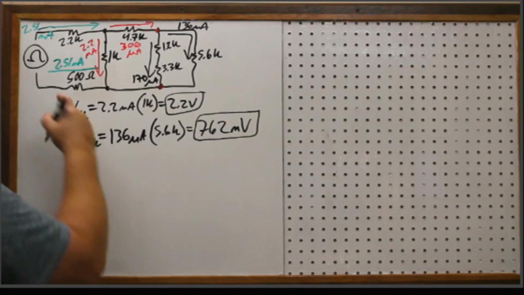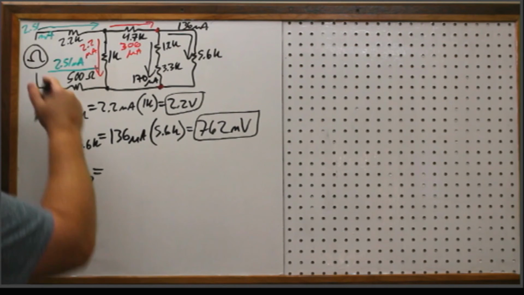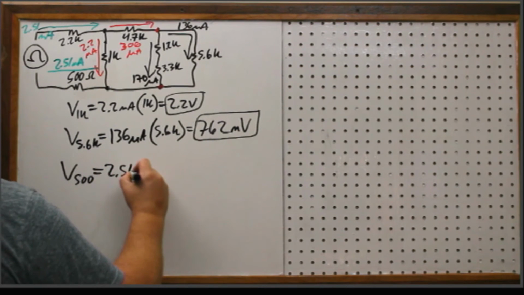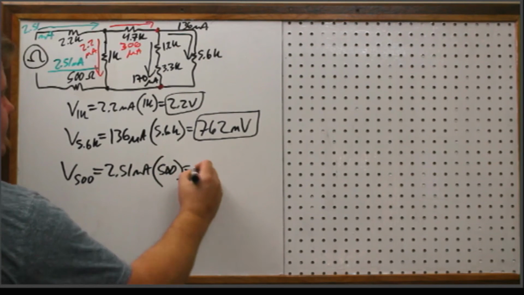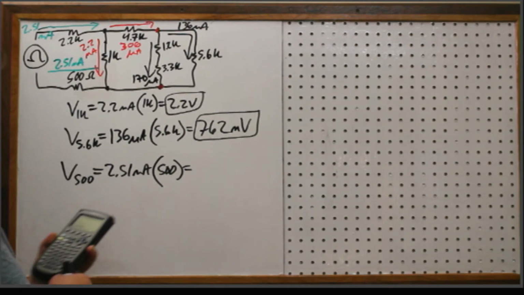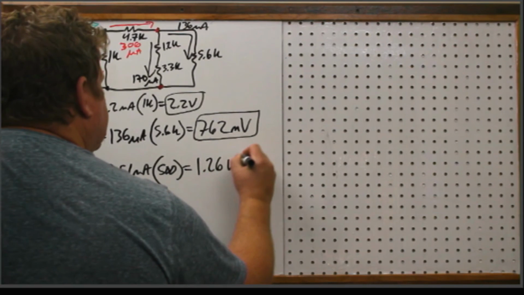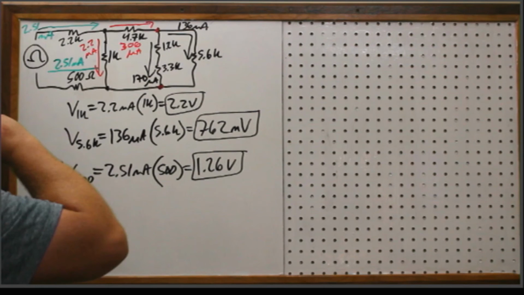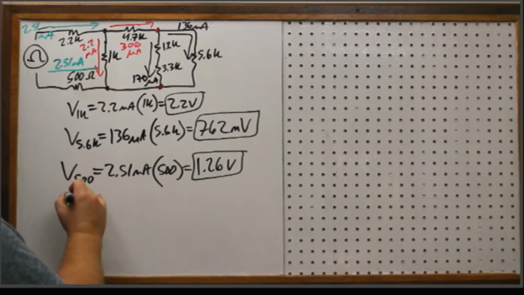Okay, so very, very, very small voltage over there. How about this 500? The voltage of the 500. Well, I know that the current through the 500 is 2.51 milliamps times 500 ohms. So 2.51 E negative 3 times 500 ohms, I get 1.26 volts. Okay. How about the 2.2K?